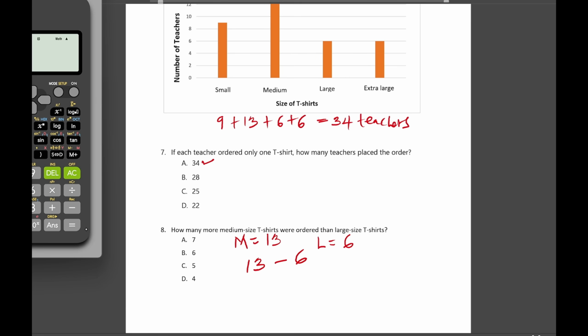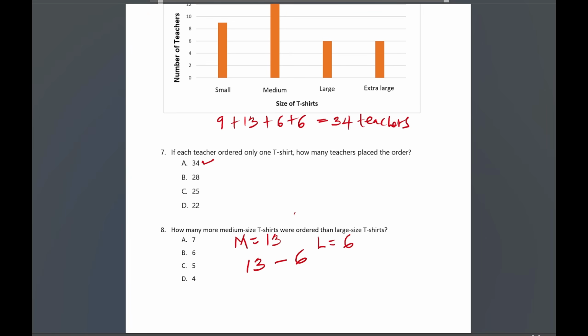So that gives 7. So the correct answer is option A. 7 more medium-sized t-shirts were ordered than large-size t-shirts.